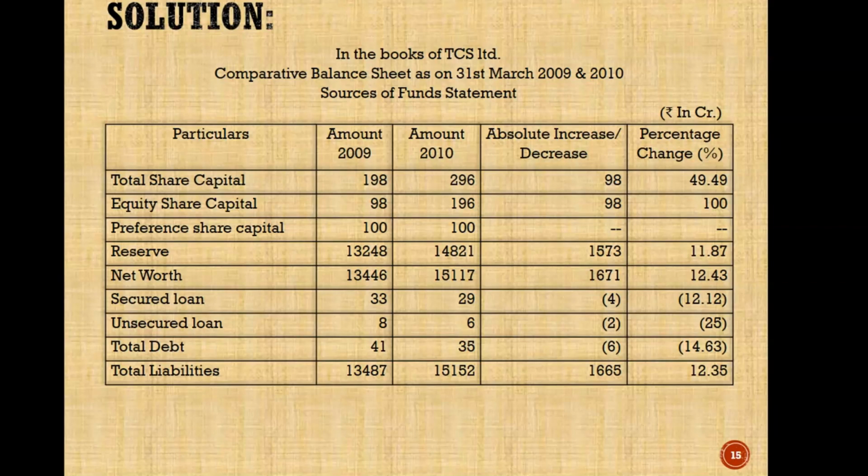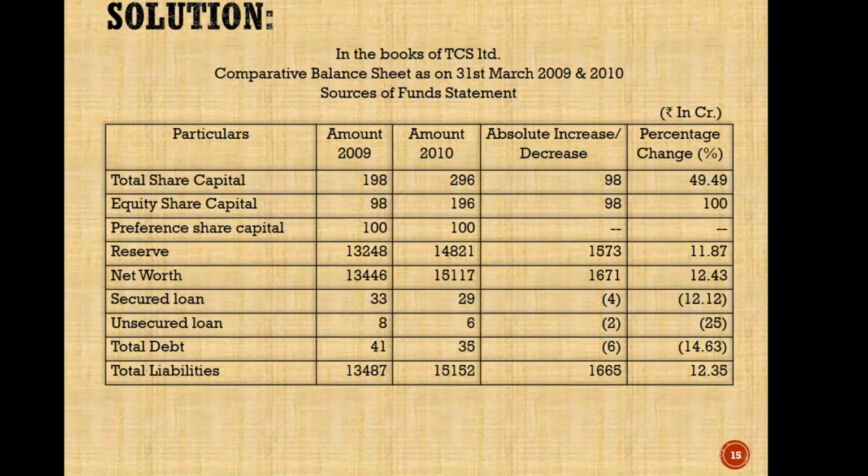So it is 31st March 2009 and 2010. And this is the sources of fund statement. We have to mention clearly that is rupees in crores. Now you can see first three column remain same, which we have seen in example.